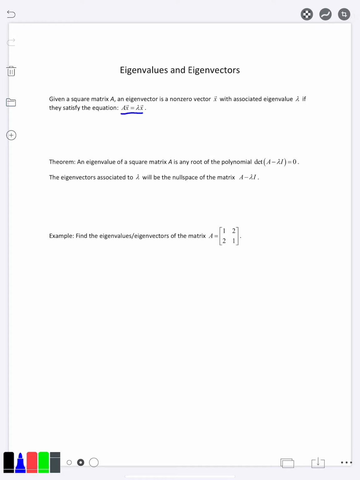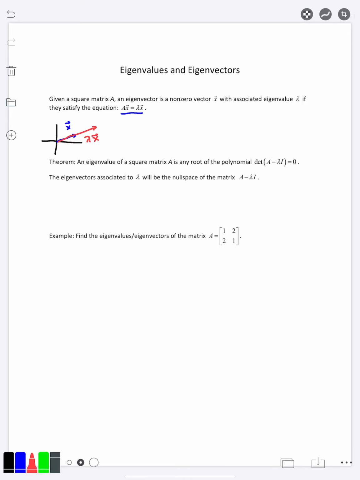But what this is saying is that for this matrix A, it has a special effect on a certain vector x: if you start with the vector x, the output is going to be lambda times x. When you multiply a vector by a scalar, the result is parallel to it, so it's either in the same direction or opposite.